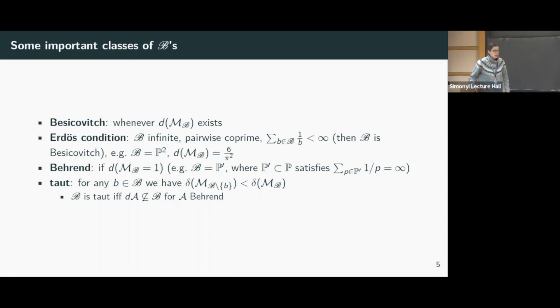And there is a relation between Behrend sets and taut sets. B is taut if and only if we won't find a rescaled copy of a Behrend set sitting there. So being Behrend somehow is like the other end. It's as not taut as you can be.